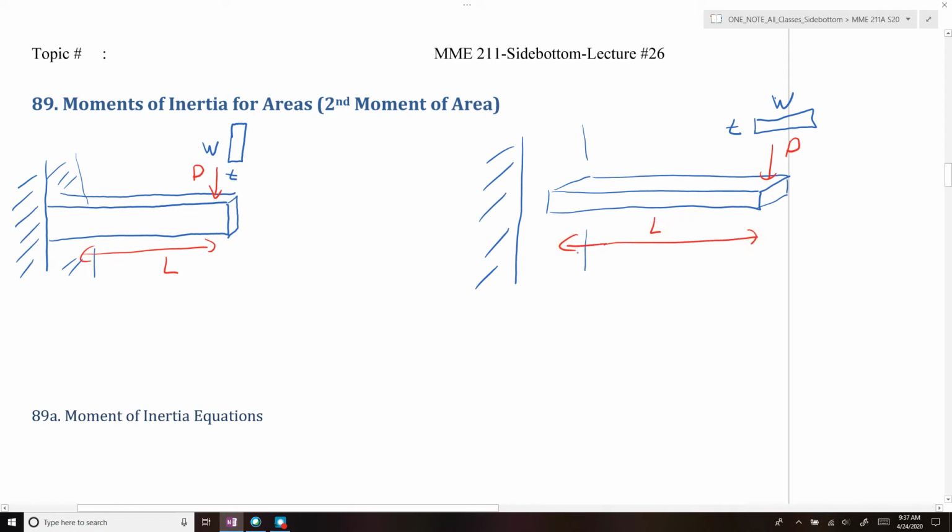And what will happen is they'll experience different behavior. These forces P are going to cause the beams to bend.